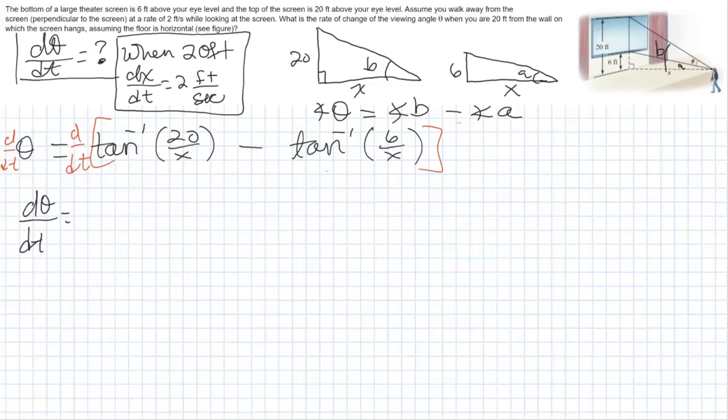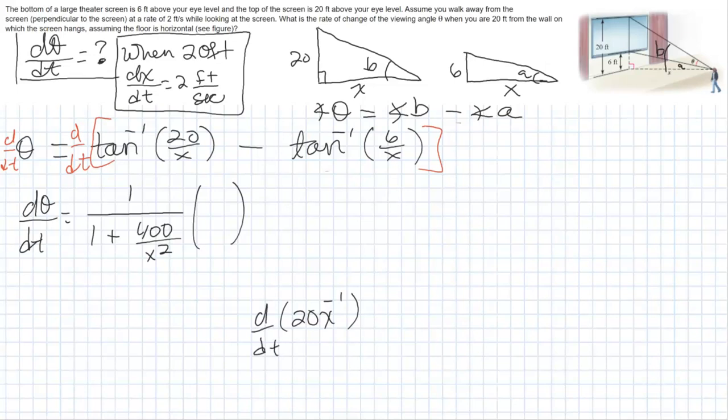On the right-hand side, the derivative of inverse tangent is 1 over 1 plus something squared, and that something is the input, 20 over x, squared, so 400 over x squared, multiplied by the inside derivative, which is the derivative of 20 over x. 20 over x can be thought of as 20x to the negative 1, so the derivative with respect to t is negative 20x to the negative 2 times dx dt.